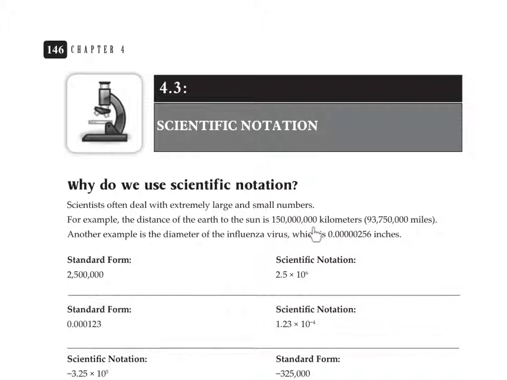For example, the distance from the Earth to the Sun is 150 million kilometers, or 93,750,000 miles. Another example is the diameter of the influenza virus, which is this really small decimal here.